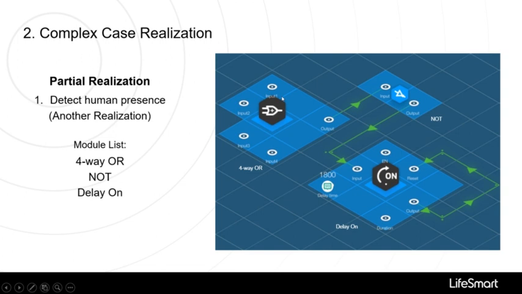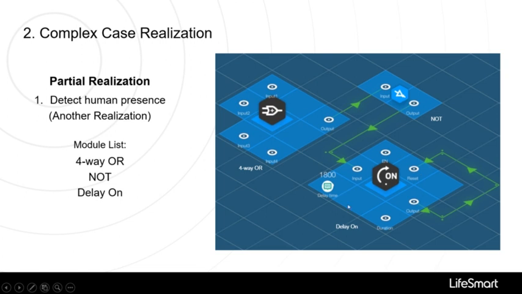And by the way, there's another way of realizing the detect human presence, and it will become easier to understand, and the whole design will be simplified. In this case, we can use a delay on block.